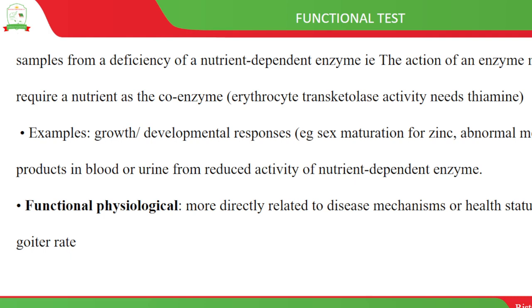The functional physiological test is more directly related to disease mechanisms or health status. For example, goiter. If you find out someone has goiter, that directly proves that the person has low levels of iodine, as in a deficiency of iodine as a nutrient, and also high levels of parathyroid hormones in the blood.